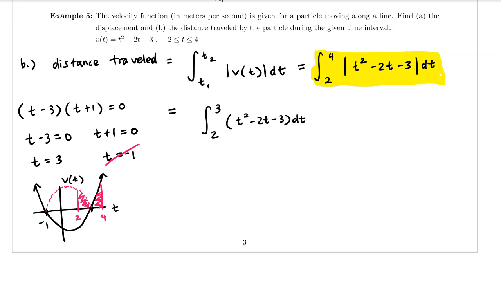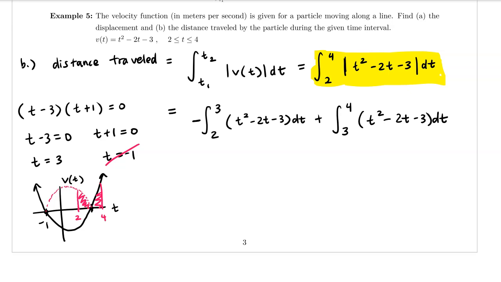Now, that's the original velocity function, but between time 2 and time 3, the output values are negative. So to get that to reflect over the t-axis, I need to throw a negative sign in front of that. And then my second definite integral, I'm going to add on the area underneath the curve between 3 and 4, and that one's just going to be for my original velocity function.